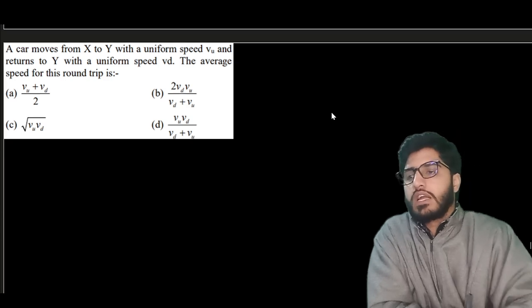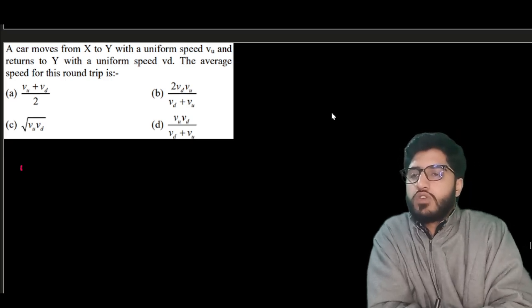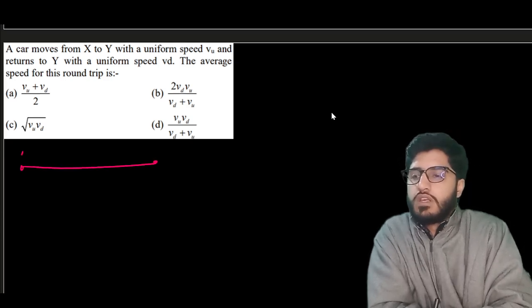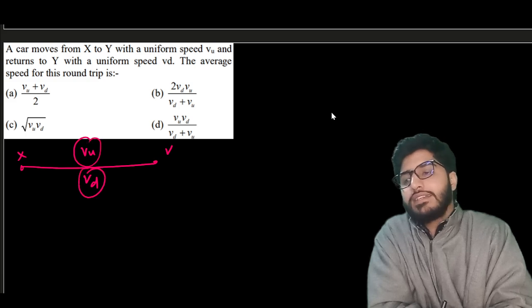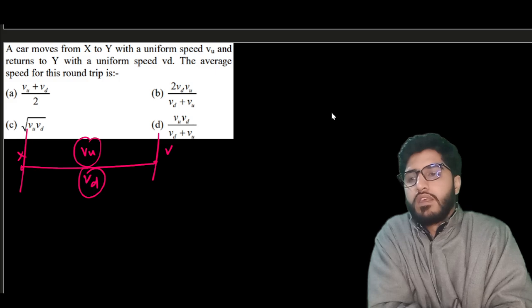Next one. A car moving from X to Y with a uniform speed vu, and returning from Y to X with a uniform speed vd. We have to find the average speed in a round trip. The distance from X to Y is the same as that from Y to X, right?